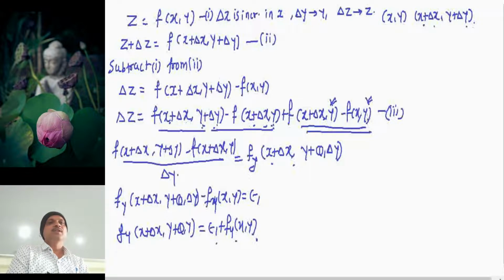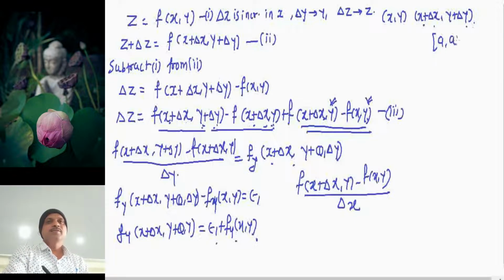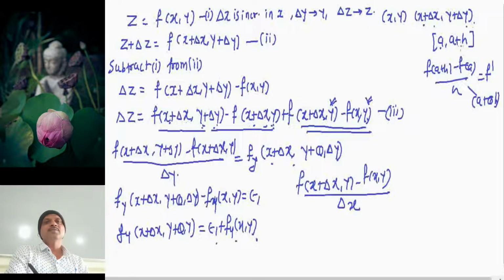Similarly, for the next two terms you can see that y is constant here, y remains as it is, so it is a derivative with respect to x, and hence f of x plus delta x comma y minus f of x comma y divided by delta x, by Lagrange's mean value theorem. As you know, if we consider the interval a comma a plus h, then f of a plus h minus f of a divided by h equal to f dash of a plus theta h. This is Lagrange's mean value theorem for the interval a comma a plus h.